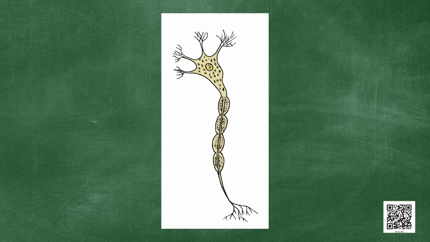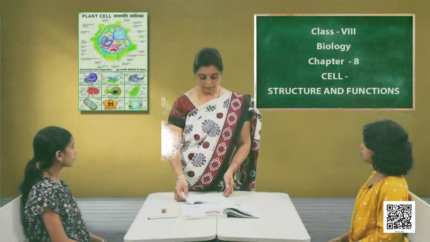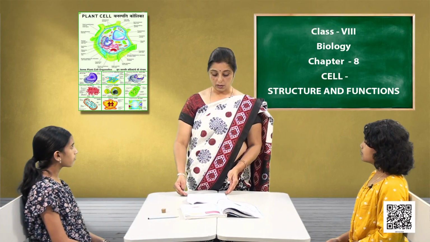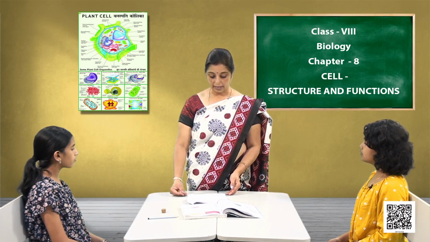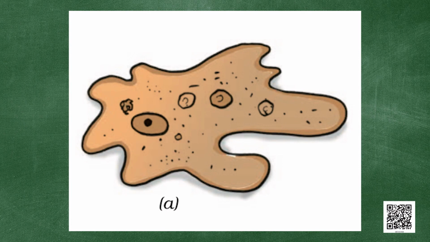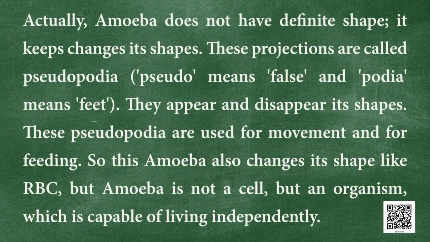What is the shape of this nerve cell? Ma'am, it is long. Yes, it is long, but this has branches. So it is a long branched structure. How about this amoeba? Ma'am, it is also having branches. Actually, amoeba does not have a definite shape. It keeps changing its shape, and these projections, or what you said branches, are actually called pseudopodia.